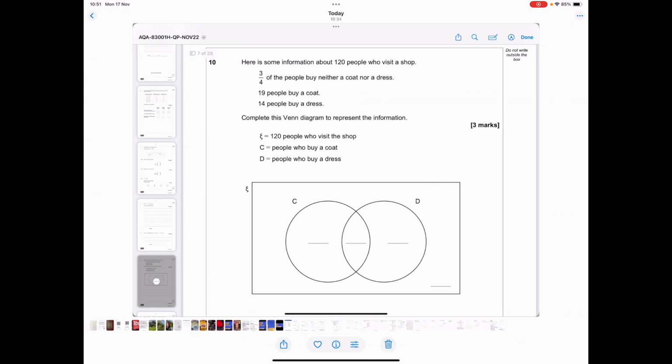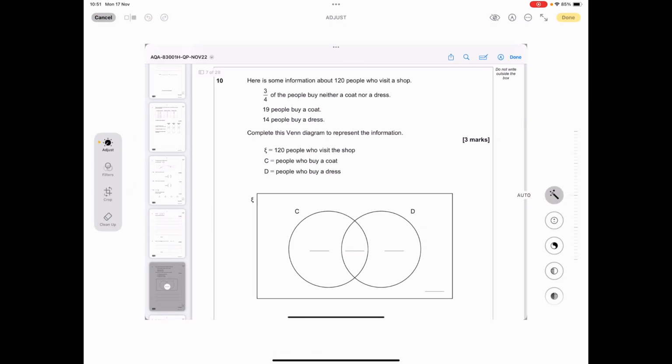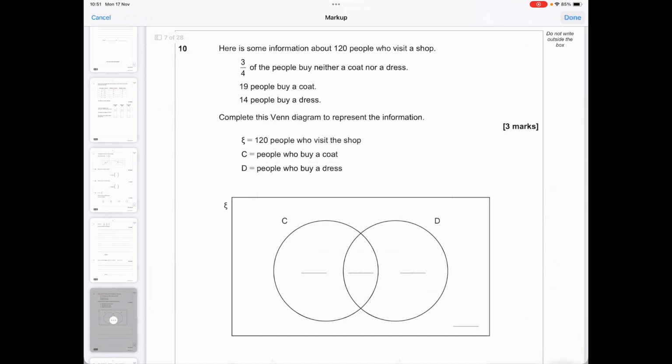And here's some information about people who visit a shop. 3/4 of them buy neither a coat nor a dress. So what is 3/4 of 120? A quarter is 30, so 3 times 30 is 90.